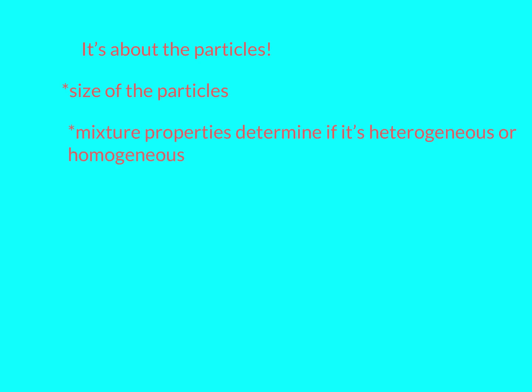Okay, when we're looking at these three, it's really and truly all about the particles and the size of the particles. When looking at the size of the particles, you'll be able to look at the properties of a mixture. So the properties of the mixture will determine if it's heterogeneous. If you remember, hetero means different, so you can see all the different pieces.